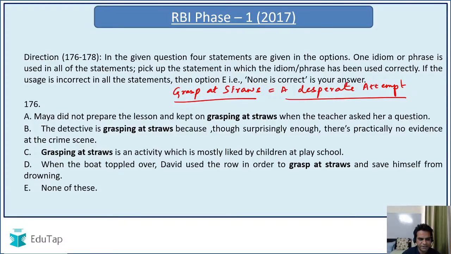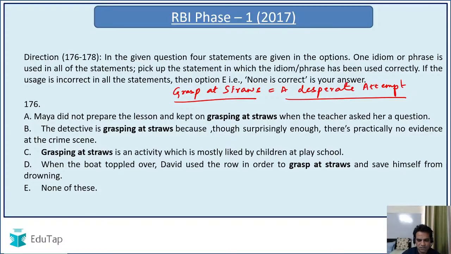So Maya did not prepare the lesson and kept on grasping at straws, a desperate attempt, when the teacher asked her a question. No. The detective is grasping at straws because, though surprisingly enough, there is practically no evidence at the crime scene. So he's trying very hard. Very good. He's trying to find out each and everything because there is no evidence at the crime scene.